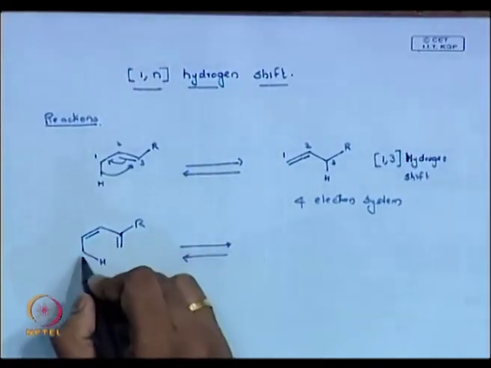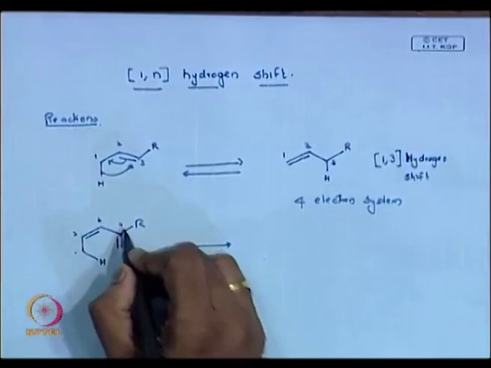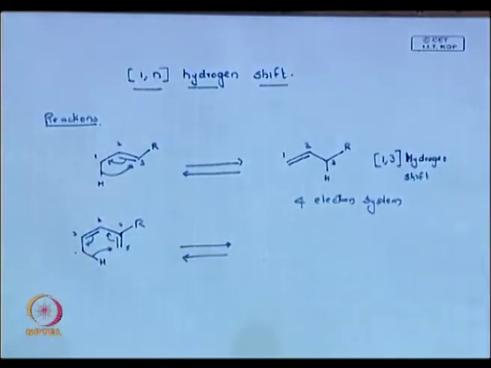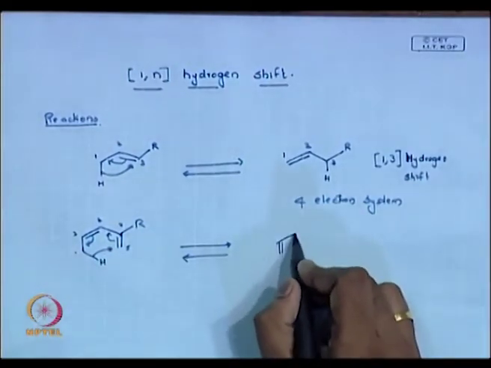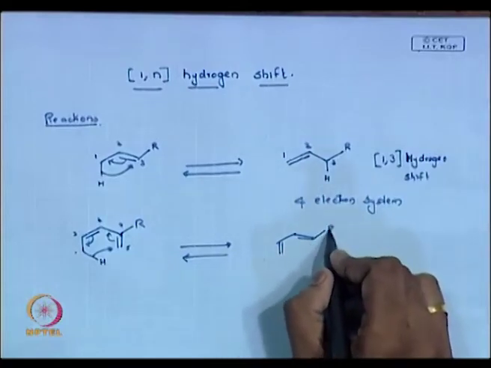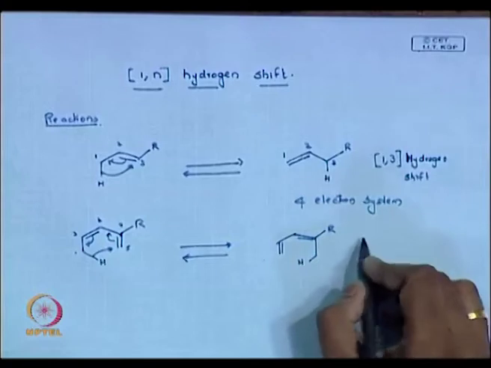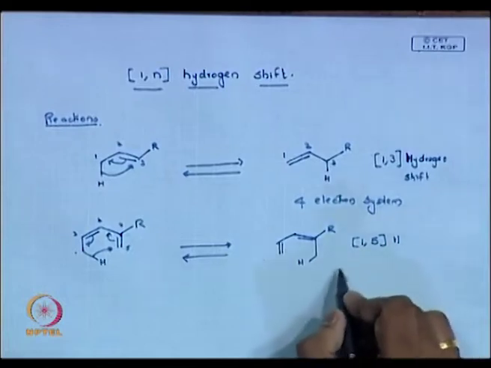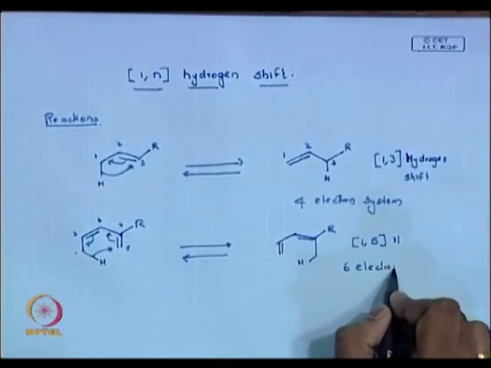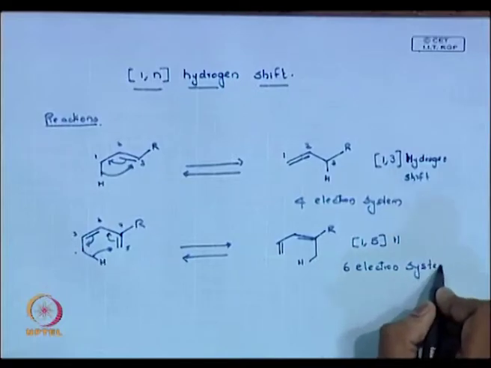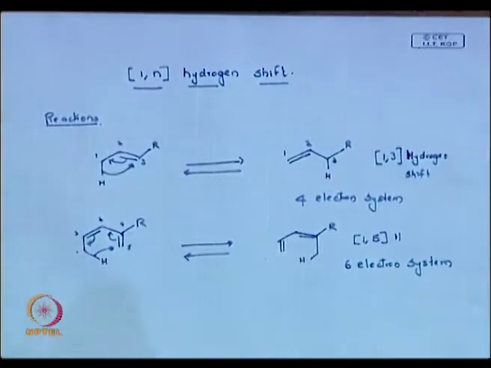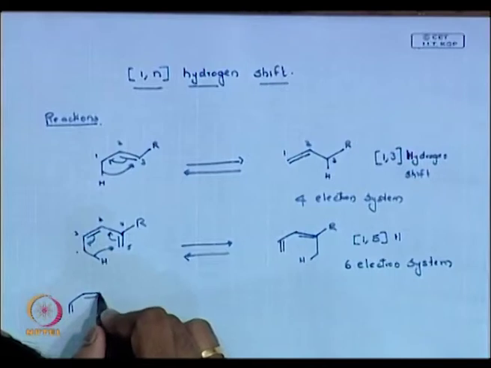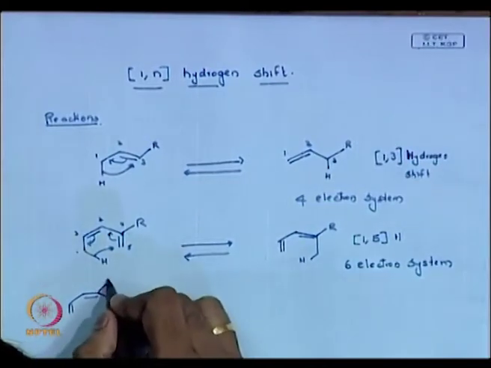So, this will be your 1, 2, 3, 4, 5. So, this will be your 1,5 hydrogen shift, and basically it will be a 6 electron system. Right, and one more which we will be discussing. Keep my R here.